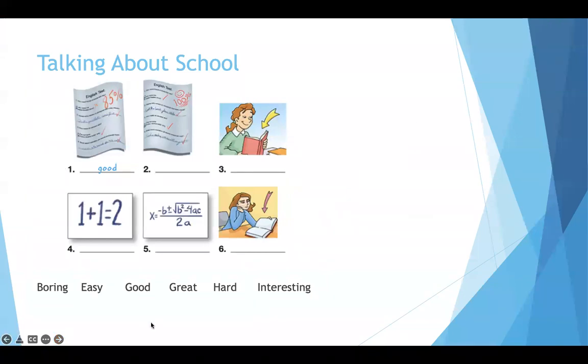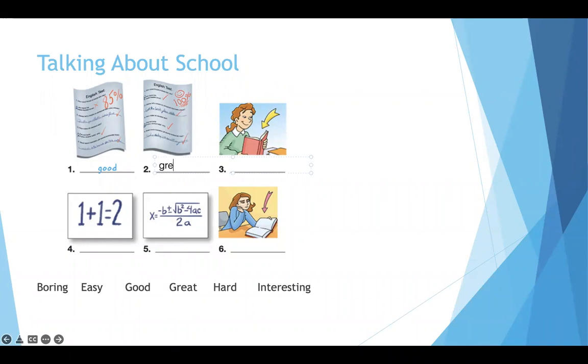All right, now we have 6 new vocabulary words talking about school. Number 1 shows an 85% on a test, which is good. Number 2 shows a 100% on a test. Would you say that is boring, easy, great, hard, or interesting?